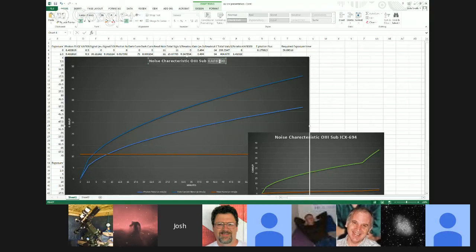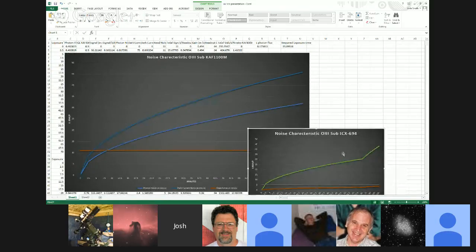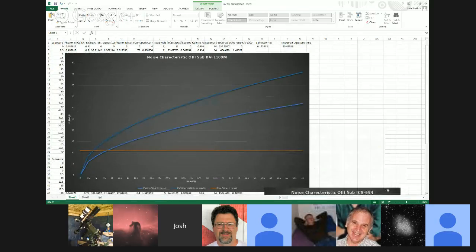So you can see at that point that actually makes a pretty big difference. And it's pretty noisy for dark current for a camera. That is interesting.